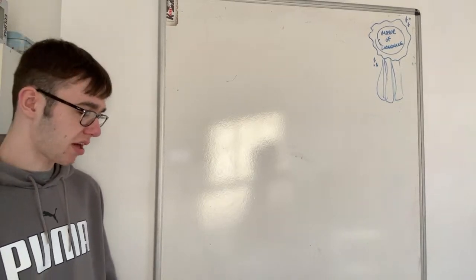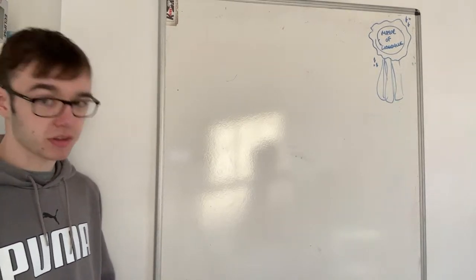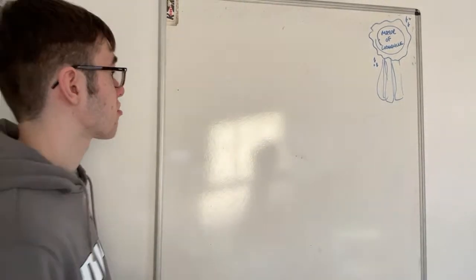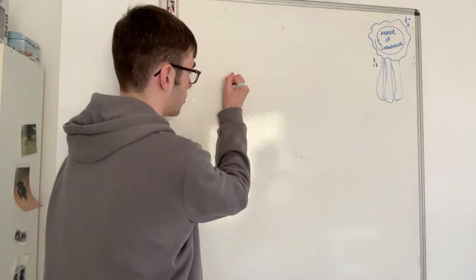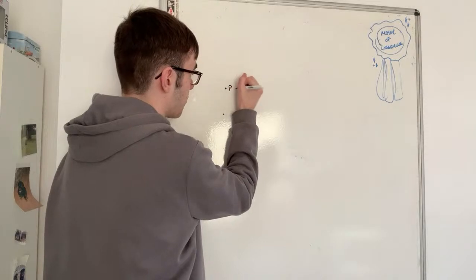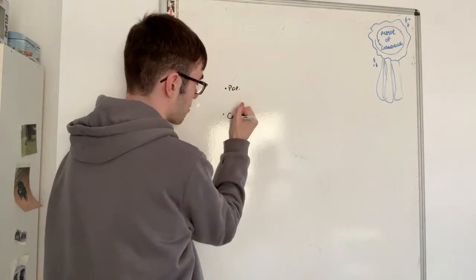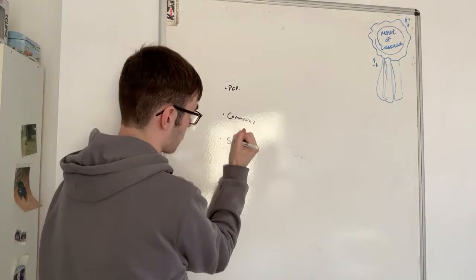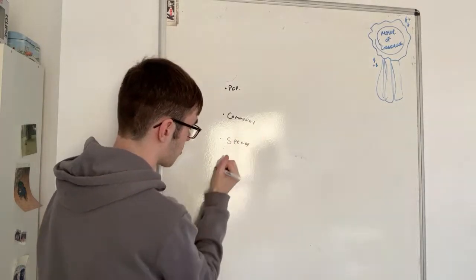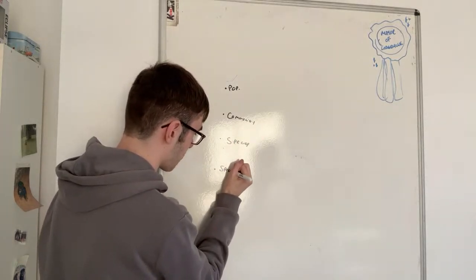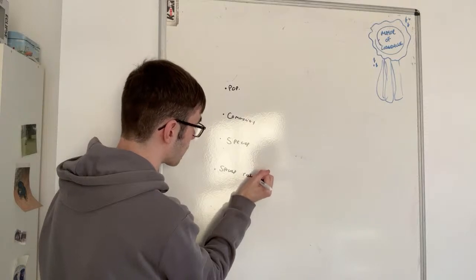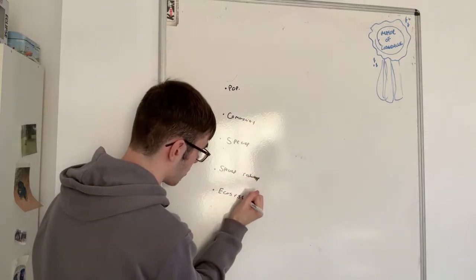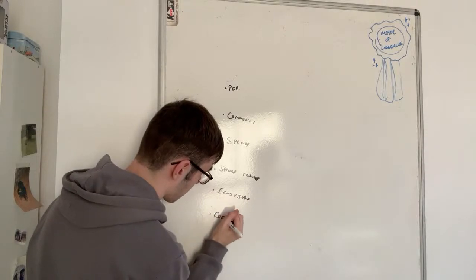There were some things in a past paper which I really struggled with. One of them was the definitions. So I want to quickly write down a few and try and remember. Things like population, community, species, species richness, ecosystem, community.